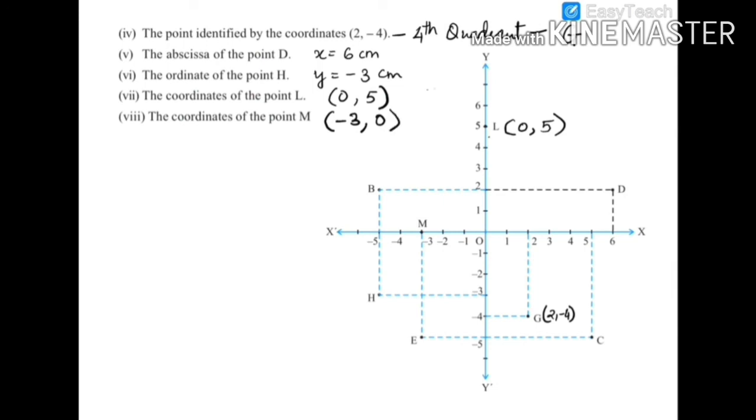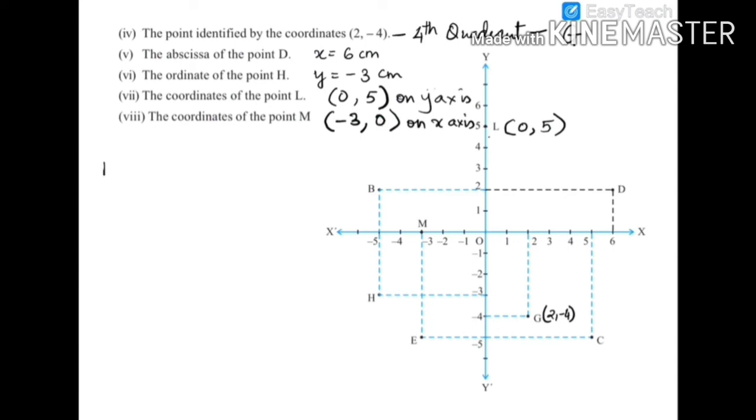So what do we observe? A point which is on the y-axis has its x coordinate 0. A point that is on the x-axis has its y coordinate 0.